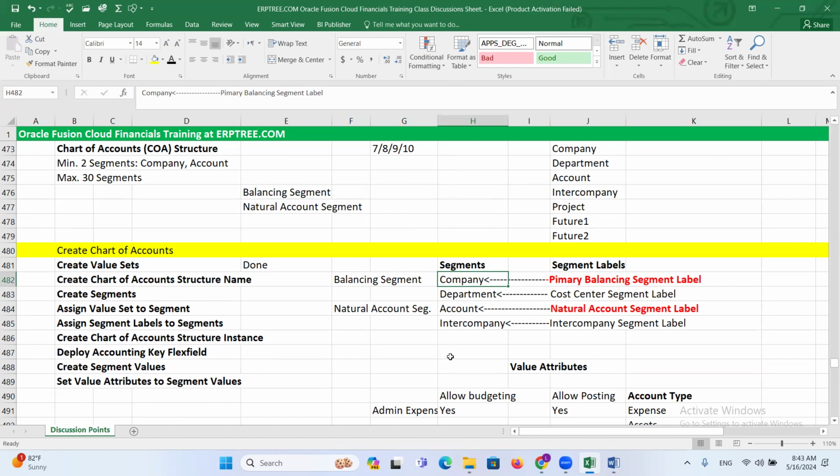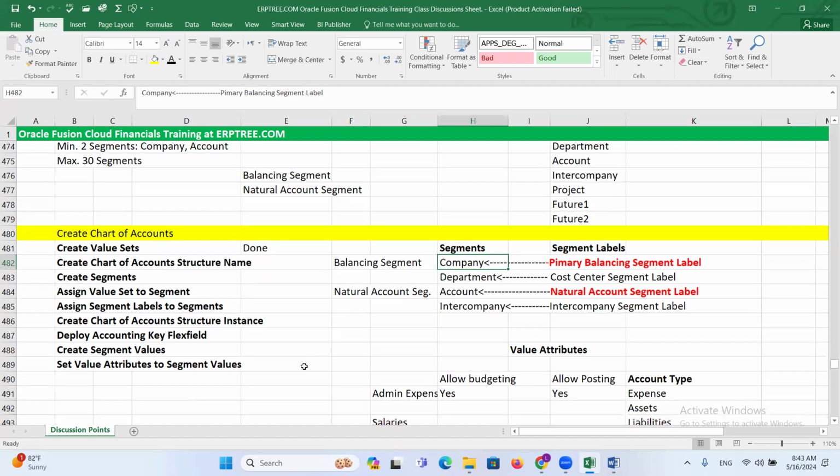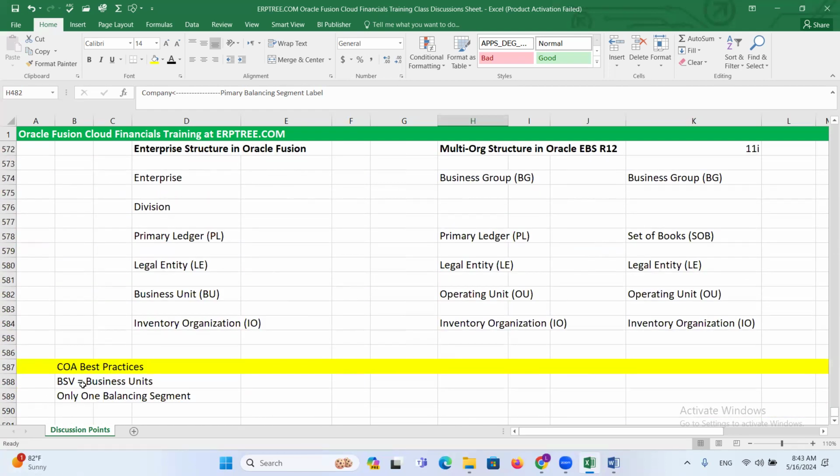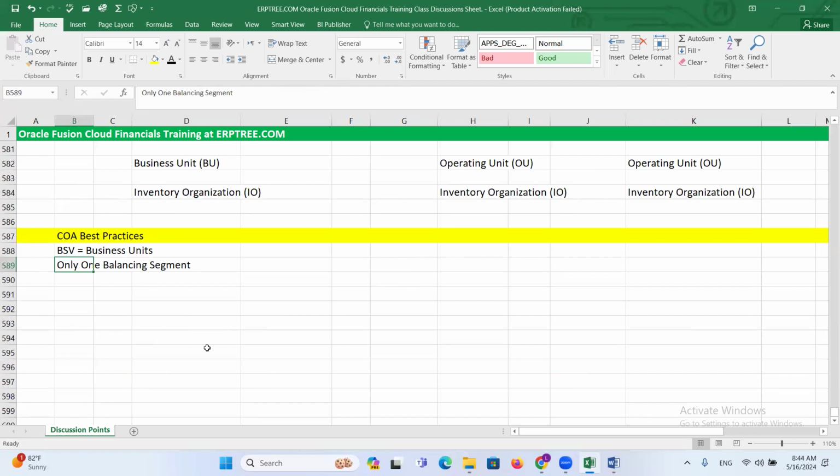Then all the transactions need to be balanced at all the levels. This point you'll also understand when you create the transactions. For now, just make a note. We always recommend having only one balancing segment within the chart of accounts. You can go up to 3, but it will create many challenges when you create the transactions, so it is not at all recommended. If you see 10 projects, you will have only one balancing segment.